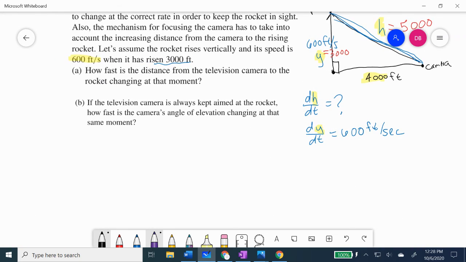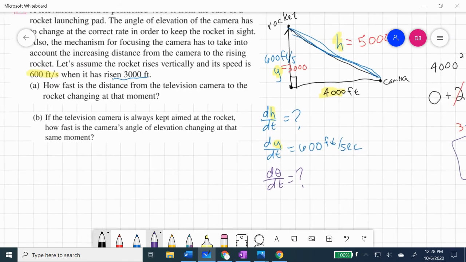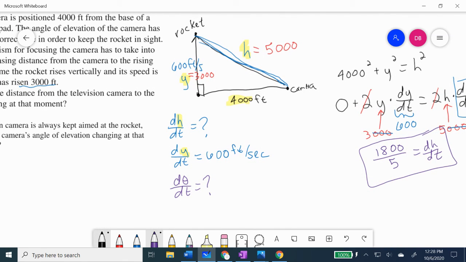Part B, now we're looking at how fast is the camera's angle of elevation changing at that same moment. So I'm going to put down d theta dt equals question mark. We did find dh dt. If we want, we could use it. So angle of elevation is always from a horizontal looking upward.